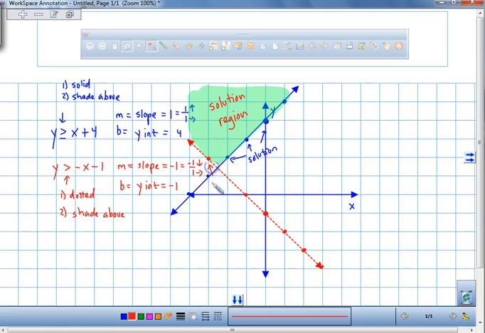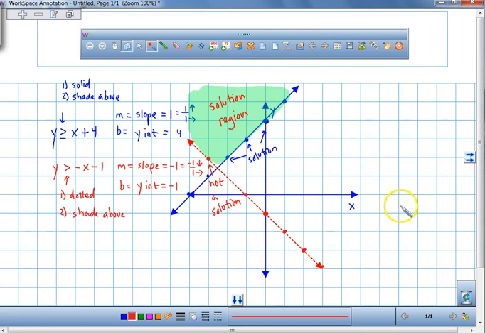That point is not a solution. I'm going to put not a solution. So any point on the dotted line is not considered a solution, whereas any point on the solid line is considered a solution. And any point in the solution region is considered to be a solution.